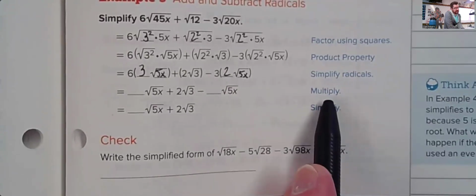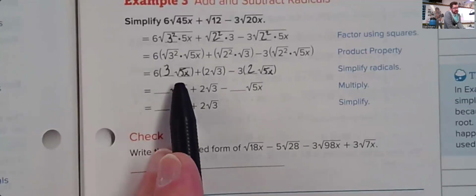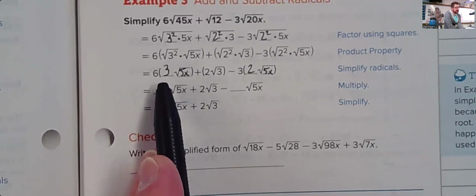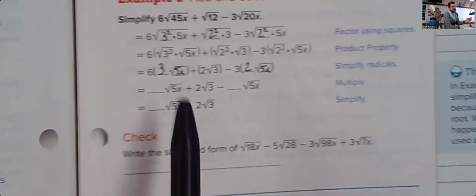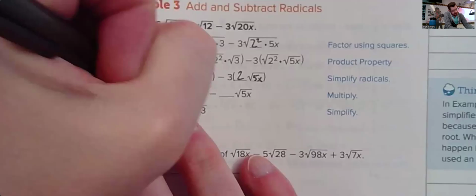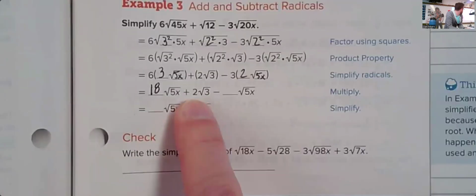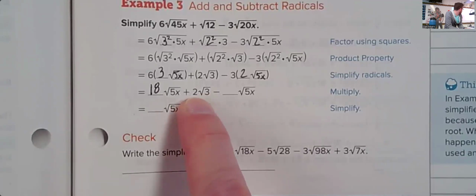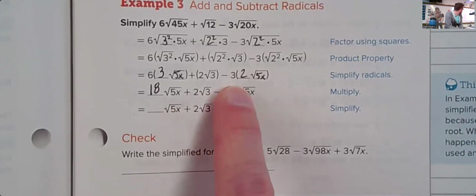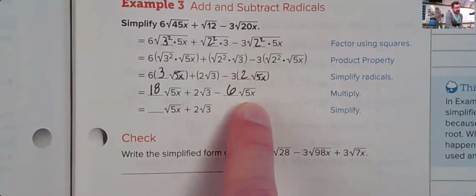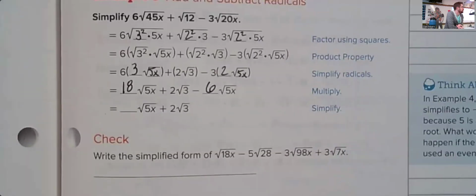Then it says to multiply, because if you have 6 times 3 times the square root of 5x, you can multiply 6 times 3 together because we just have regular coefficient values, and 6 times 3 is 18. So we get 18 there. The 2 root 3, we can drop the parentheses because there's nothing to simplify there. And then over here, we can multiply 3 and 2 to get 6. So that'll be minus 6 times the square root of 5x.